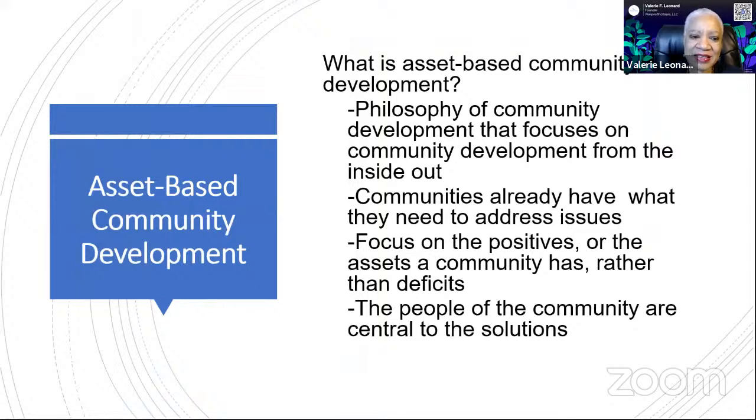So as we discussed last week, an asset-based community development process is a process that, rather than focusing on the needs and deficits of communities, looks at the assets that they already have: the tools within the people, institutions, and community organizations that are at their disposal.